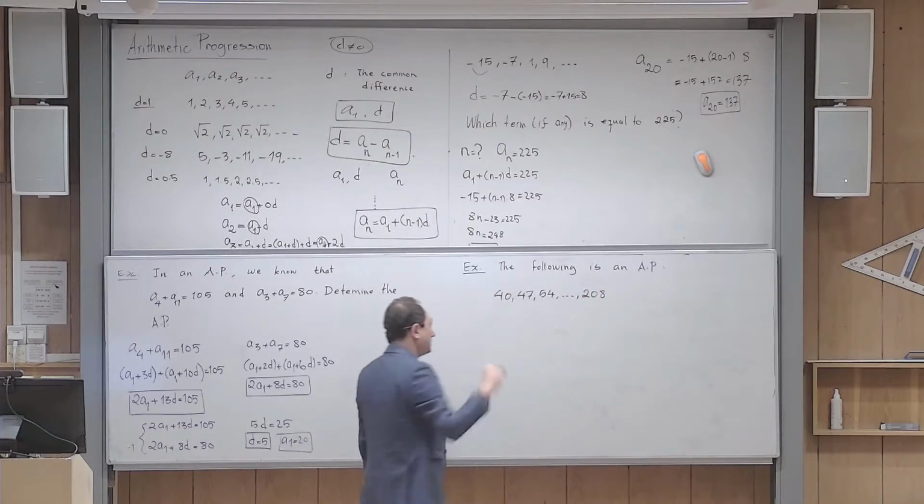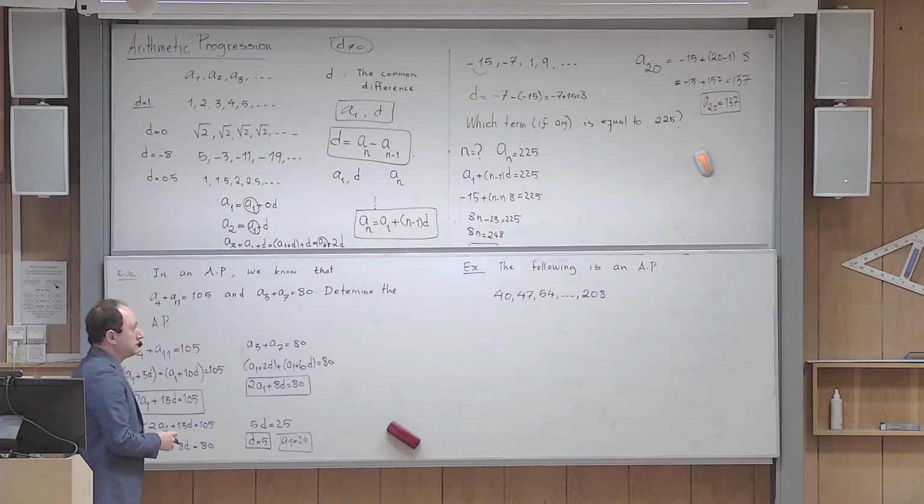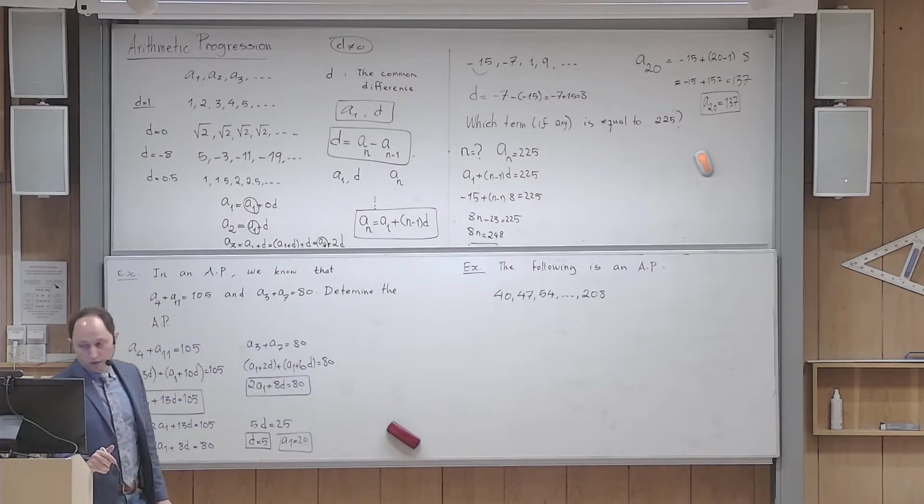So it's a finite sequence. I start from 40. What is the common difference? It is 7 each time. I am adding 7. According to the problem, I will reach 208 at some point. Now the question is how many terms you see in this list.